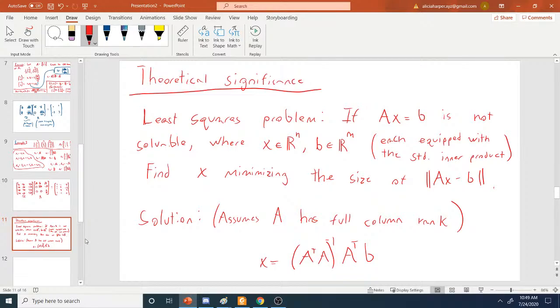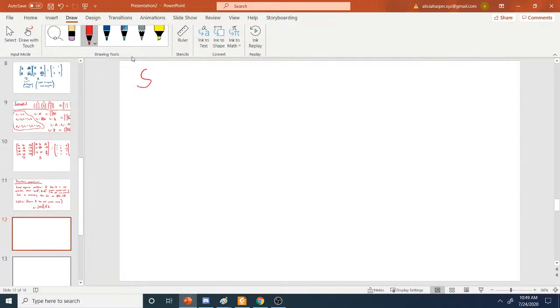And now I want to understand where the QR decomposition fits into this. So let's do a simple case. Suppose Q is an n by m orthogonal matrix.